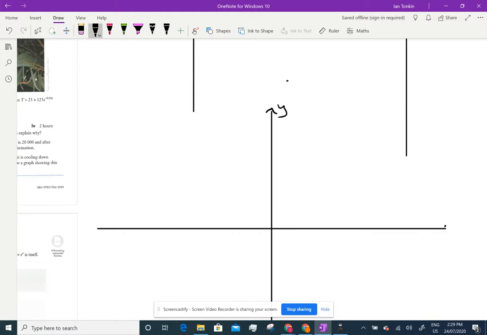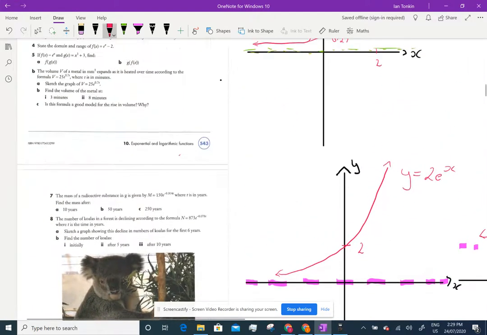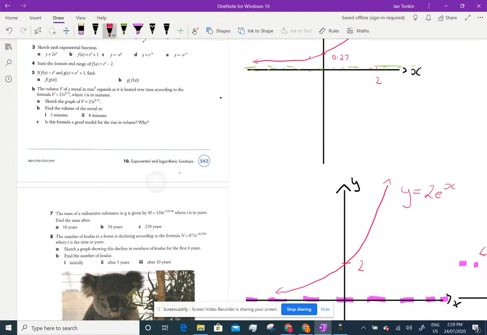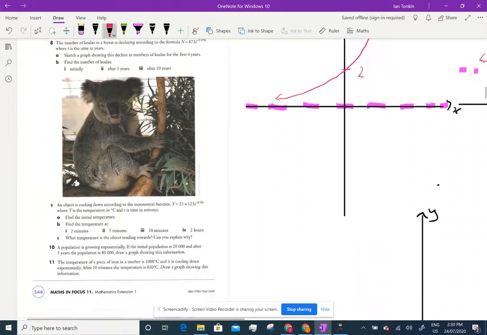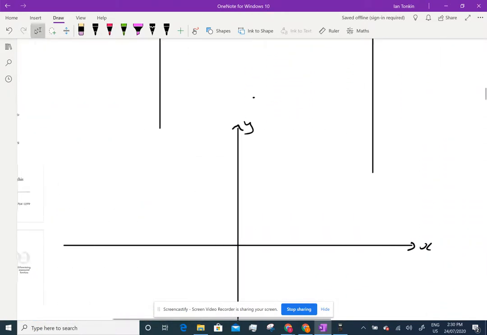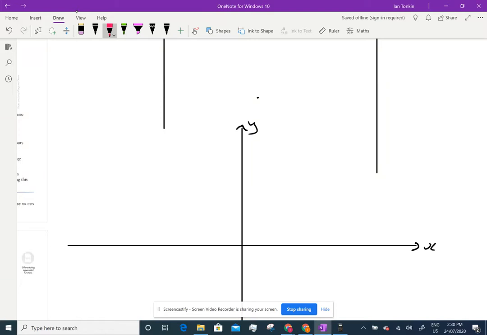That's y, and that's x. And what am I going to do? The first one, I'm going to draw y equals e to the x. I'm going to draw that in red. There it is. There's y equals e to the x.